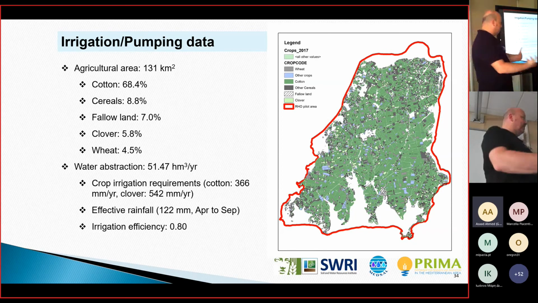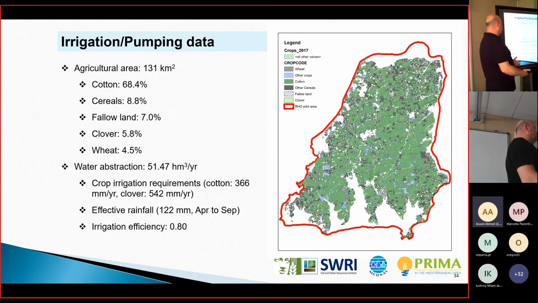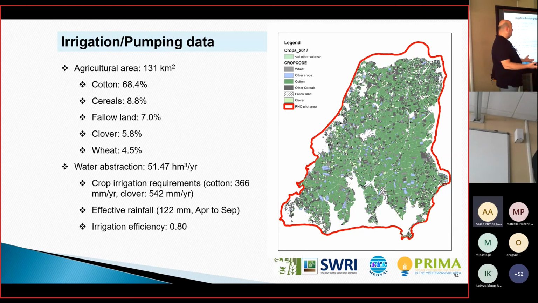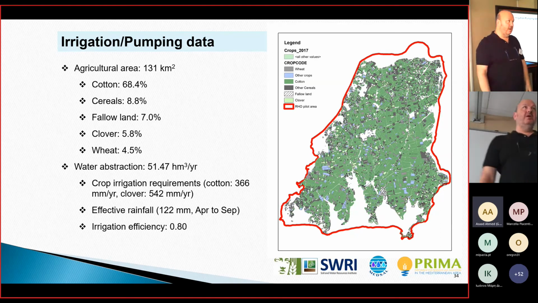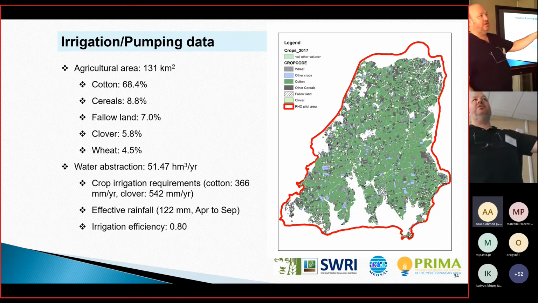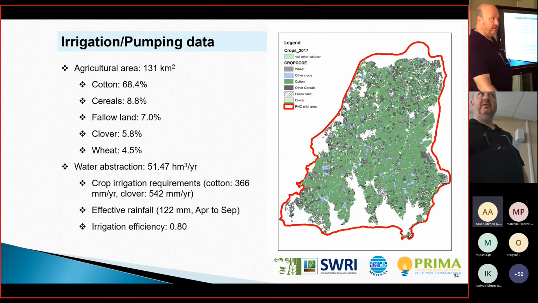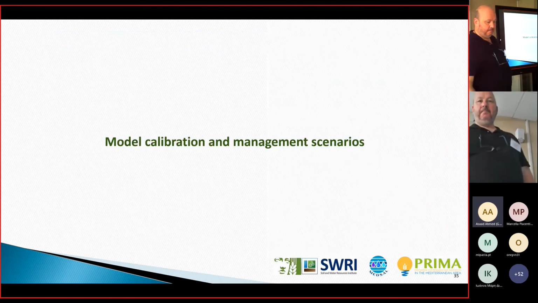Based on all this information, we make the calculations and we found that the groundwater abstraction, as a single number in the area, is almost 50 million cubic meters of water per year, which is by far the most important water balance component for the area.